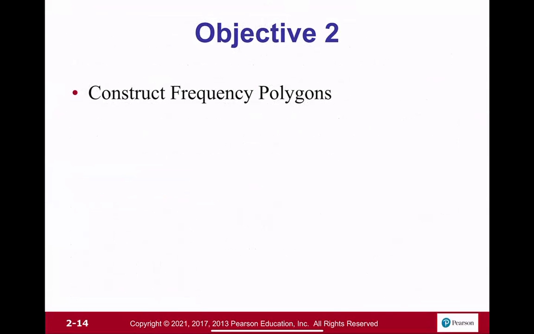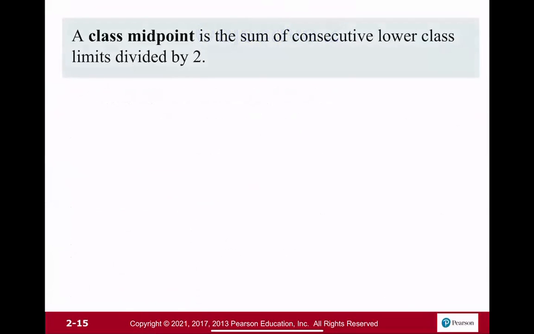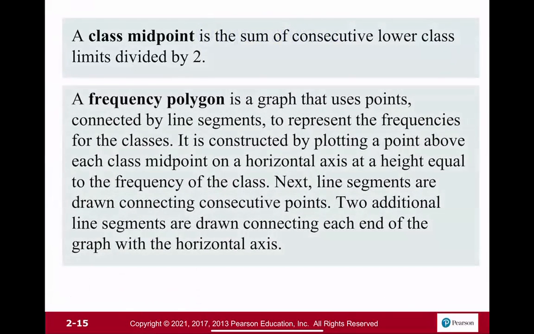Next, constructing a frequency polygon. What we have here is like going back to our classes. The class midpoint is the sum of the consecutive lower class limits divided by 2. The frequency polygon is a graph that uses points constructed by line segments to represent the frequencies for the classes.